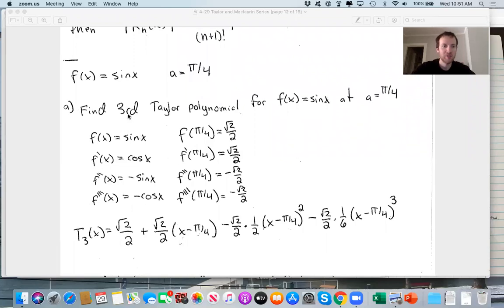That means find the first 3 derivatives, evaluate those derivatives at the center point, and then use the Taylor series formula.